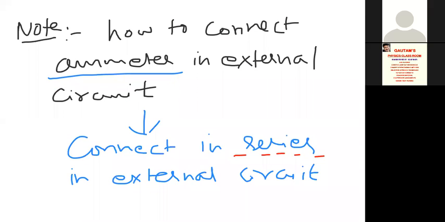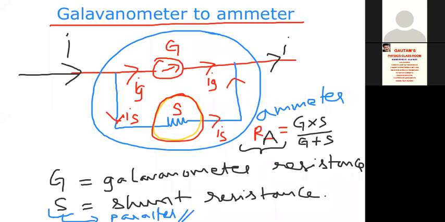We also checked the ammeter resistance. Don't forget the ammeter resistance also, it is G into S by G plus S. I hope you are clear with the galvanometer to ammeter topic. This is a very important topic. For galvanometer to ammeter, you have to be good with the current electricity topic.